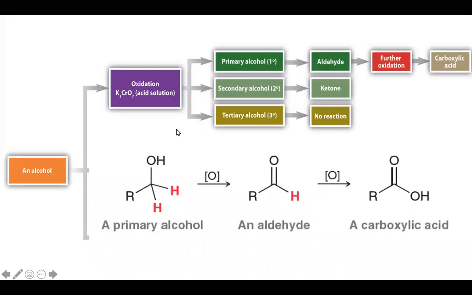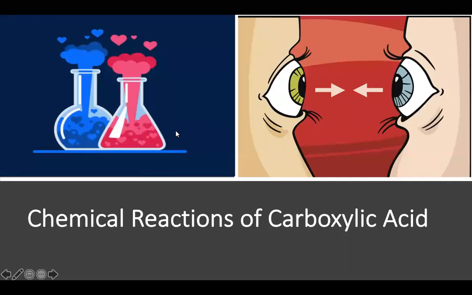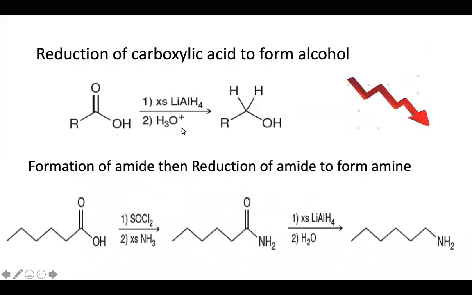Next, as I said just now, we can use alcohol and oxidize it to form carboxylic acid. Chemical reactions involved: we can reduce it to form alcohol. We can also form amine, and as said previously, we can use SOCl2 and ammonia to make it an amide, and amide can be reduced to form an amine.